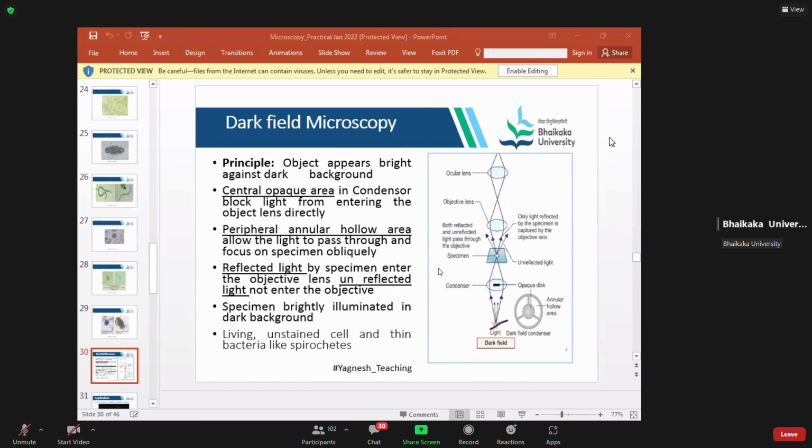Now the dark field microscopy concept is very clear. Some smaller structures are not illuminated in a light microscopic examination. I usually give this example to the students: in the night hours, stars are clearly visible or illuminated.